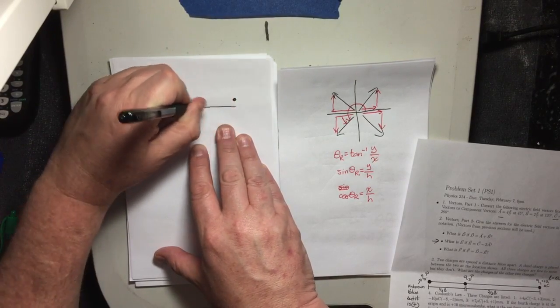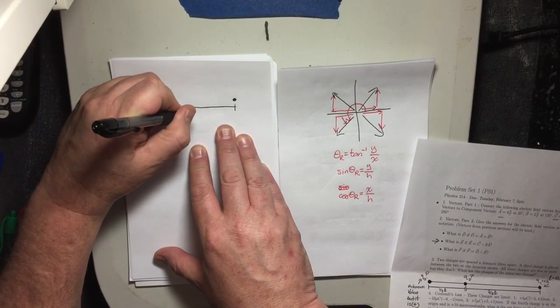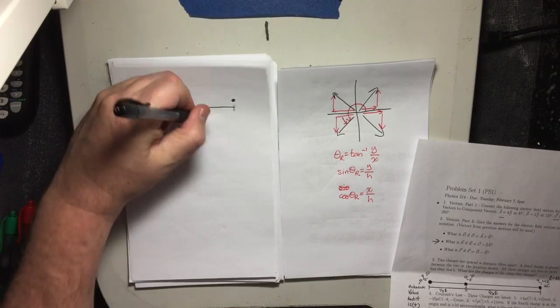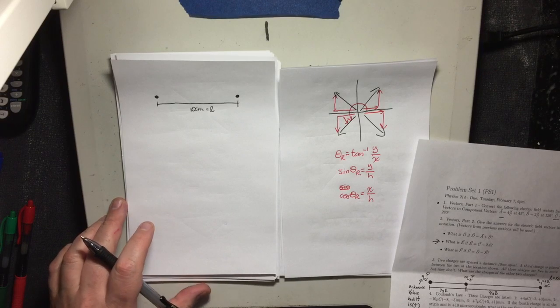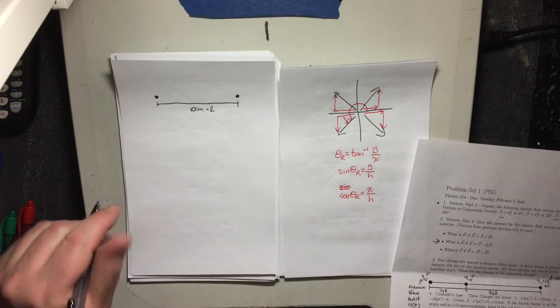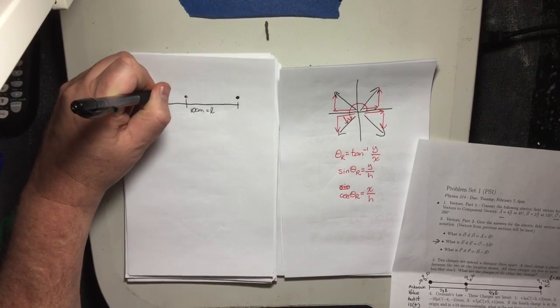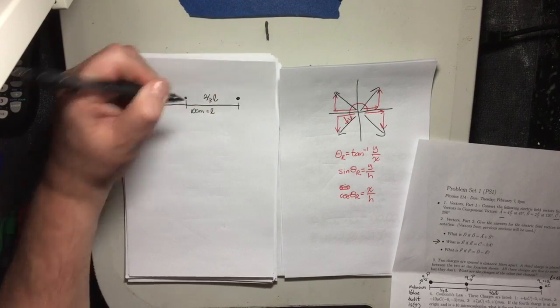So here's our two particles. Here's our distance. And I've declared 10 centimeters to be L. A third charge is placed between the two at the location shown. So that's 1/3 L. This is 2/3 L.